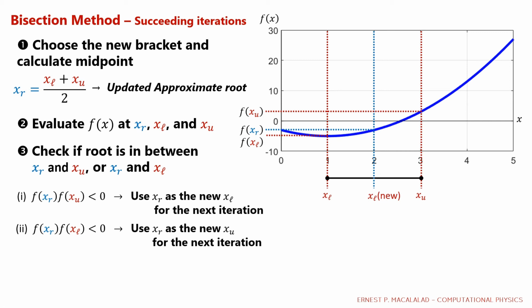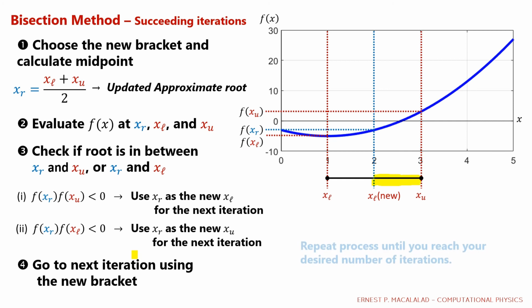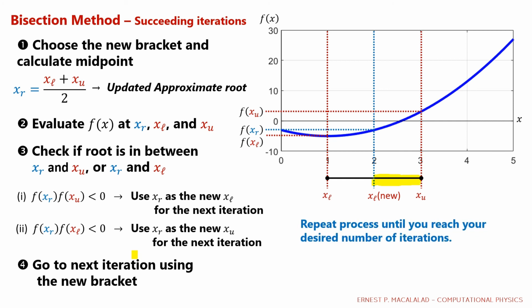So the xr that we computed in this iteration will be the new xl for the next iteration, and the new bracket will be this bracket. Then we repeat the process until you reach your desired number of iterations.